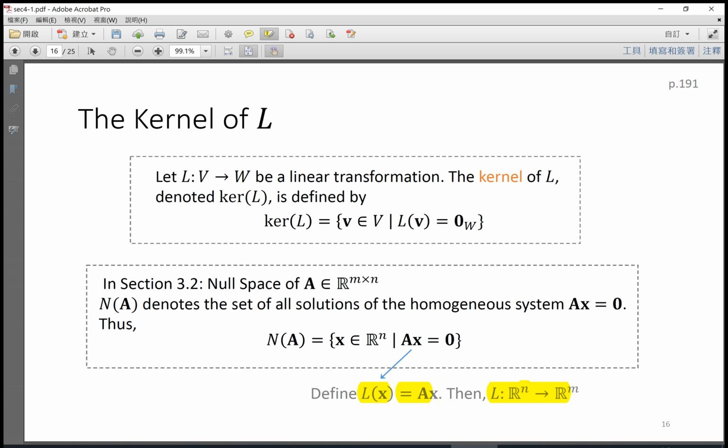In this case, the null space of matrix A is exactly the same as the kernel of L. To see this, note that V corresponds to R^n, while W corresponds to R^m, and L(v) = 0 can be written as Ax = 0. Therefore, the null space of A is exactly the same as the kernel of L.